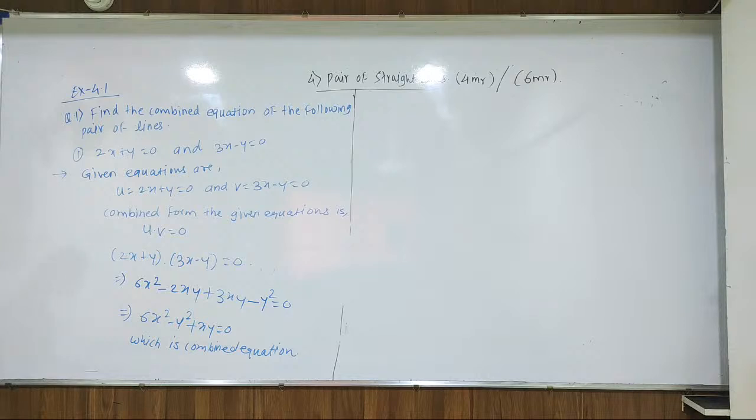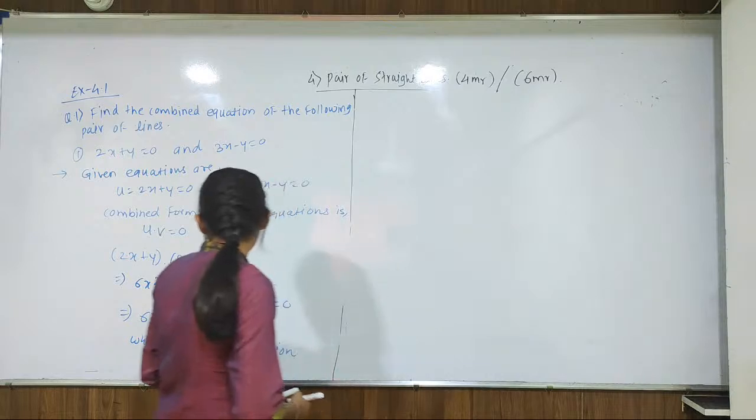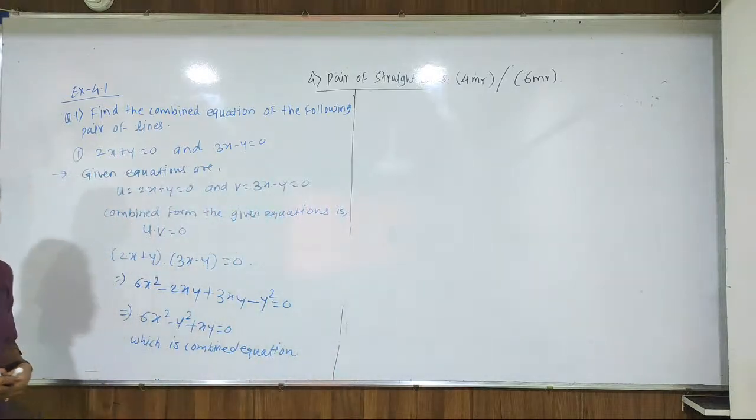So you can add and subtract those terms. So what will be the answer? 6x square minus y square plus xy is equal to 0, which is the combined equation.